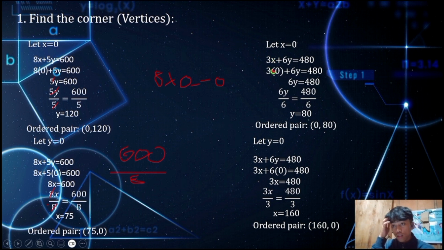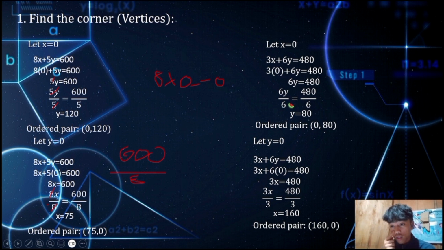Now for 3x plus 6y equals 480. Let x equal 0. So 3 times 0 plus 6y equals 480. 3 times 0 equals 0, so 6y equals 480.